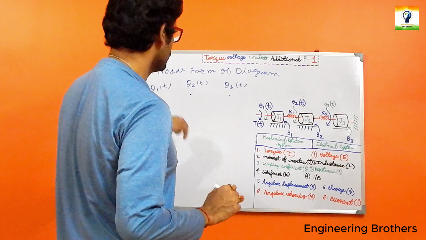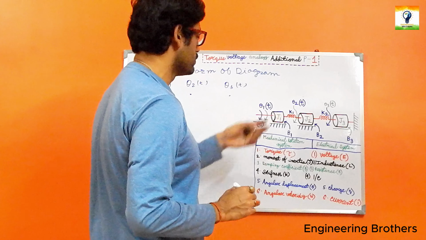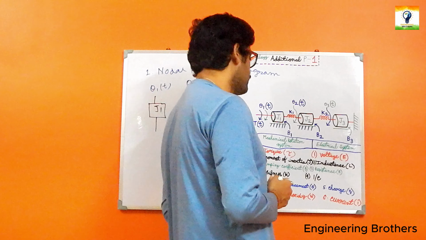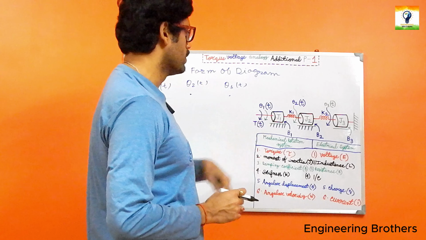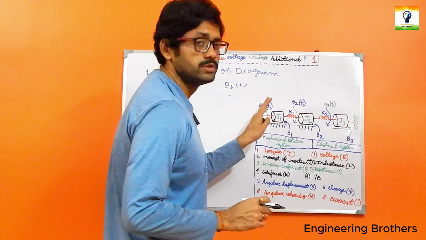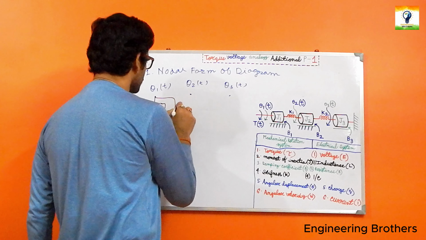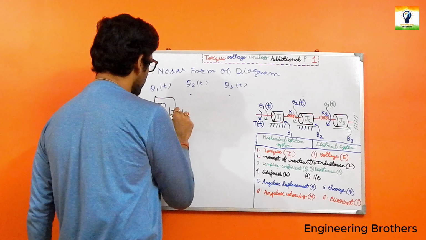Under this solid surface, the rotational frictional coefficient B1 is also present and connected with theta 1t. So this is our B1.